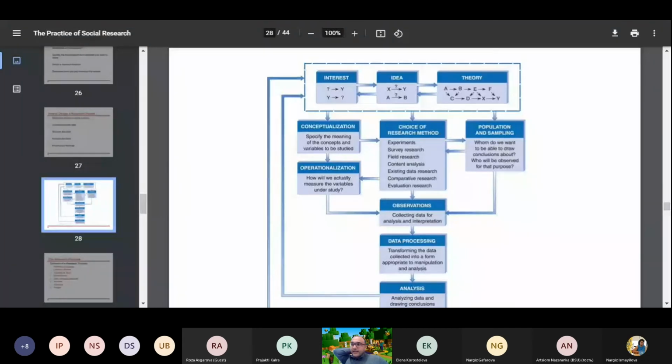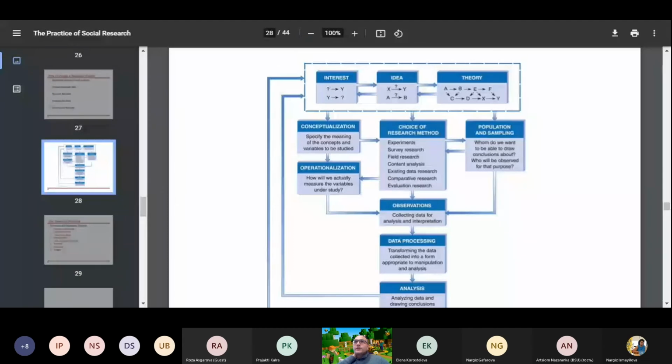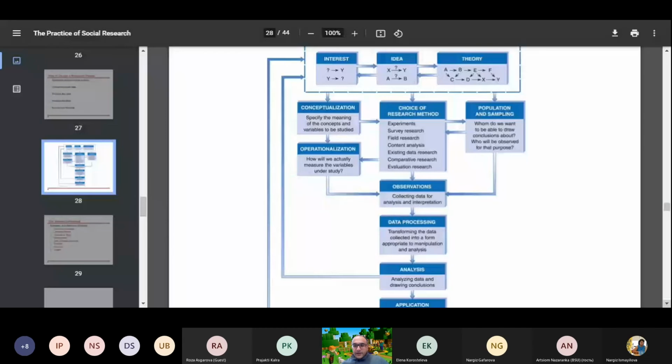For example, during the COVID-19 period in Azerbaijan, I was expecting the number of people who would love to have a vaccination to be very high, because people were sick of COVID and wanted to have a free life.